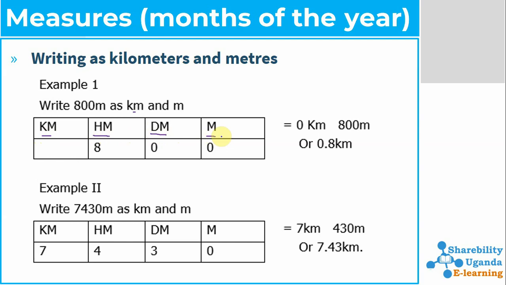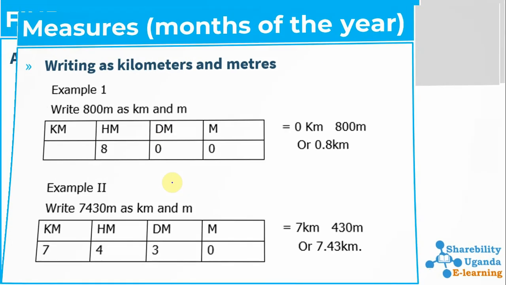I said there is what we call meters. Before we come to a kilometer, there are some other units which are in between. So from a meter we should be able to come to dm. Let me demonstrate it here.